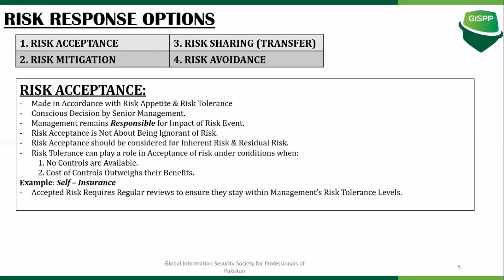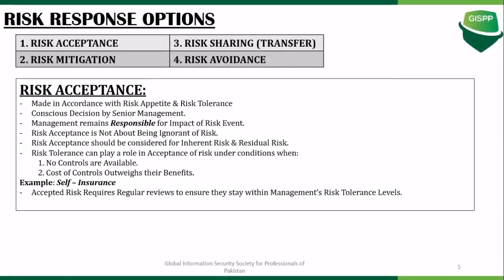So let's say if I decide to purchase a car on a lease, I will first evaluate what my risk appetite is. Can I run my house by leasing an expensive car? So again, these are daily life decisions as well. Whatever risk response you adopt has to be in line with your risk appetite and your risk tolerance.